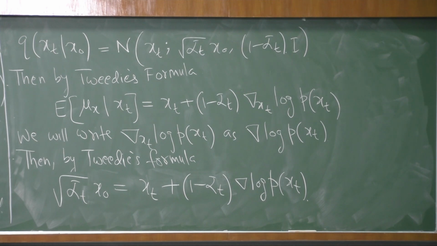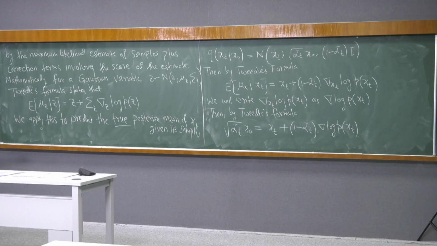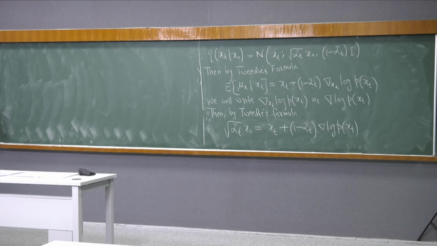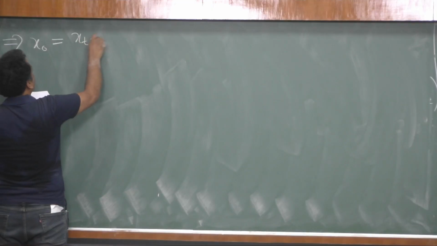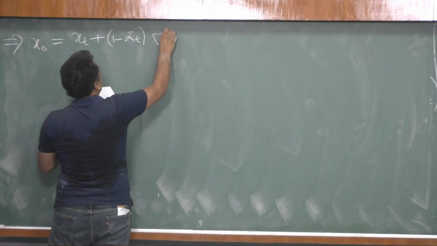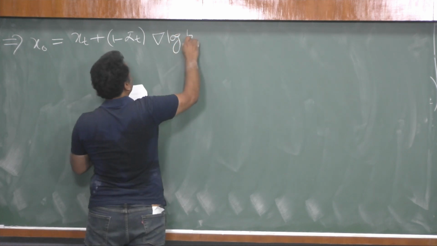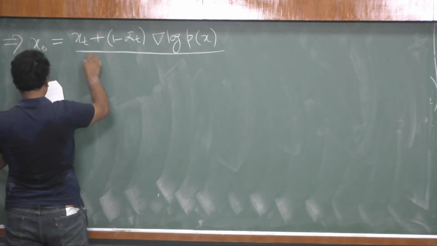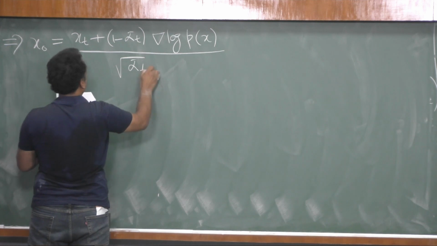In this case, it seems like the prediction is going to be for the log p xt, right? Okay, so let us solve for x naught, and from there we have x naught, which is xt plus 1 minus alpha bar t grad log of p xt divided by square root of alpha bar t.